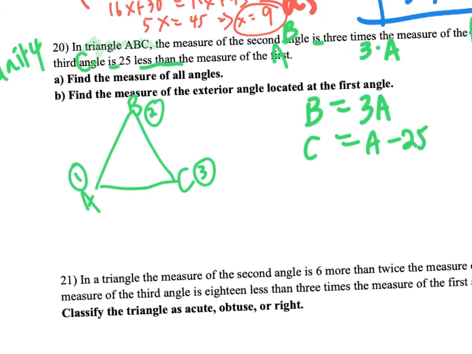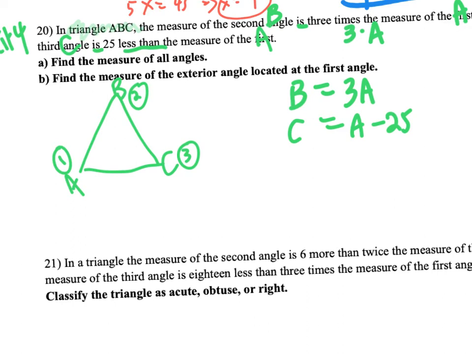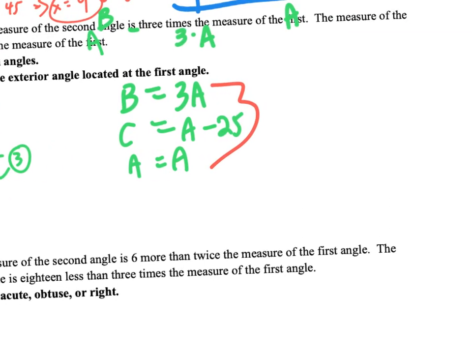We don't have any information about the measure of angle A, but we know that A is equal to A, that's the reflexive property. It's asking us to find the measure of all angles. I know that all three of these angles, because they're the interior angles of a triangle, should add up to 180, based on my triangle sum theorem.